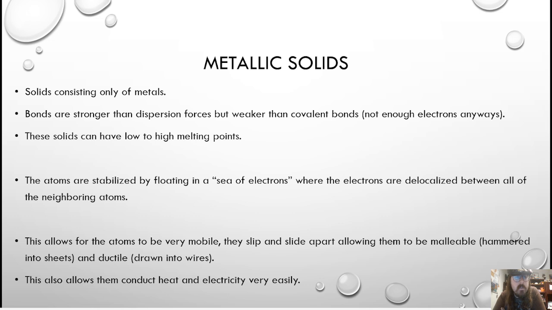But these atoms are stabilized by a metallic bond. What a metallic bond is, we have these atoms present, and the electrons kind of delocalize their way between the atoms. It kind of spreads out, like you popped a balloon full of water and it just oozes out to all the other atoms.